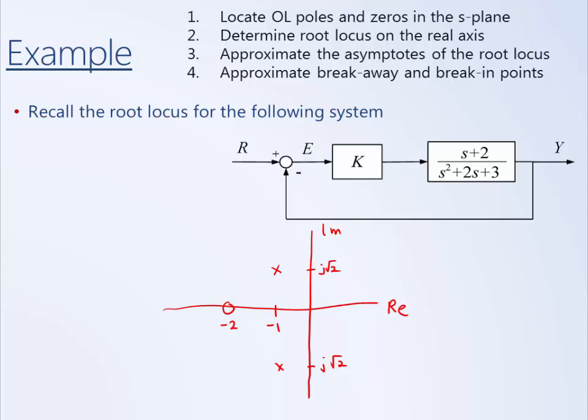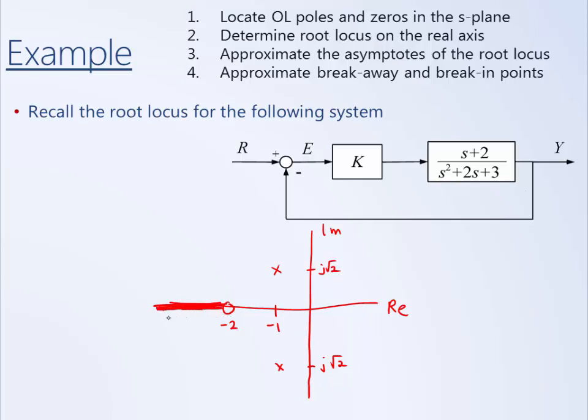So that's step 1. Step 2 is to determine the root locus on the real axis. So if we look at the real axis, it's split up into kind of two regions. There's the part of the axis that's to the right of our zero, and there's the part of the axis that's to the left of our zero. It turns out that our root locus is only located to the left of the zero.